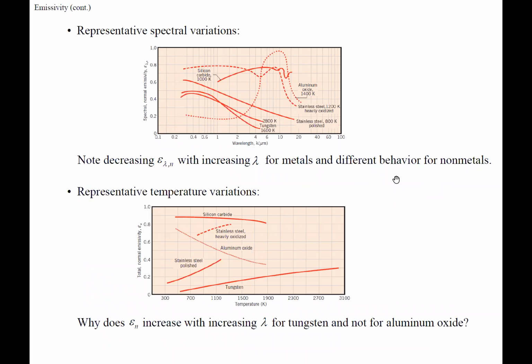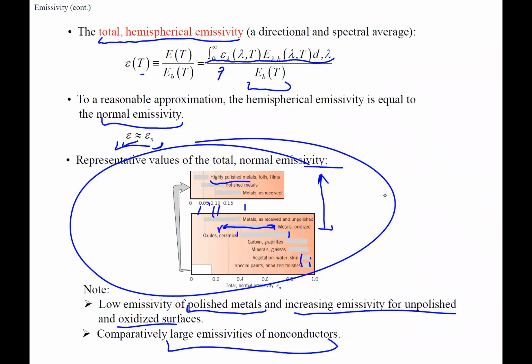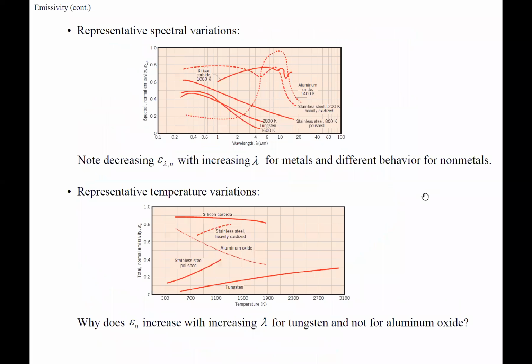If we look at this, it's overall the total. Now if we look at the wavelength influence, this is the spectral emissivity. So this is the wavelength dependence of emissivity and how the emissivity of these different materials changes over wavelength. You see there's a big dependence, especially if we look at aluminum oxide here, which has a very large change in emissivity depending on whether you're at low wavelengths here or high wavelengths here.